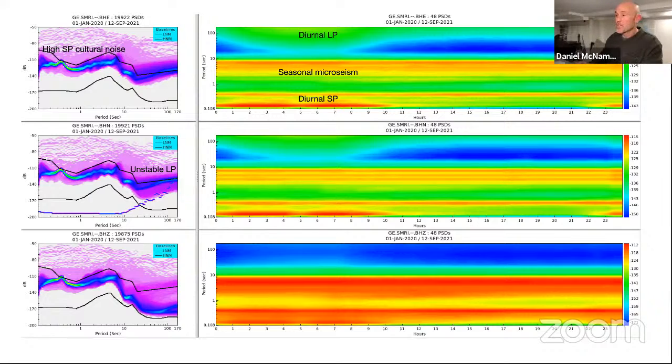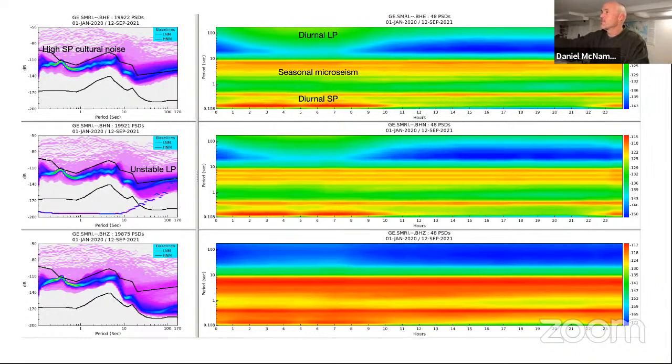That's a good question. If you look at the diurnal plots, usually if it's cultural noise, it'll have a variation throughout the day, where activities of people are causing higher noise levels. So if you look at the 1 second period, say in the upper right panel, the BHE diurnal plot, at 1 hertz, there's just a little bit of variation.